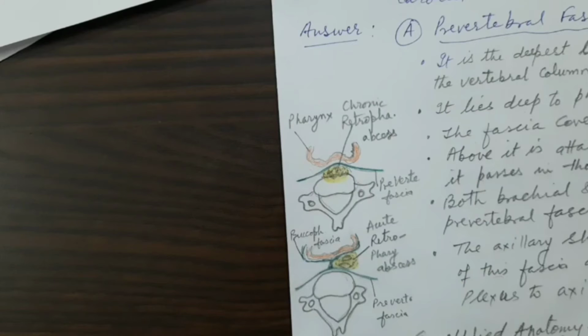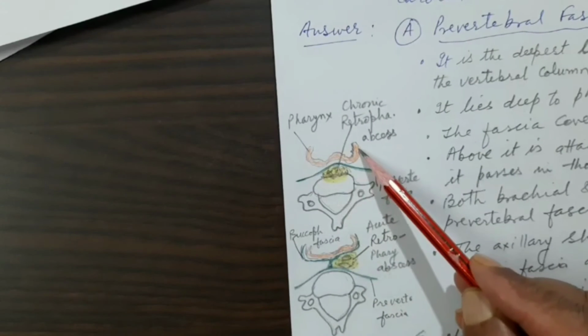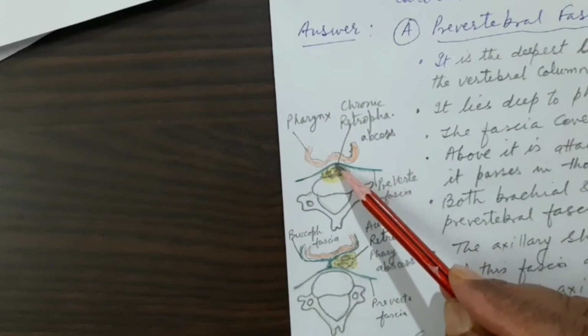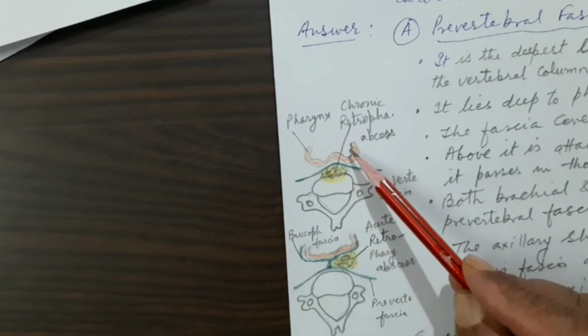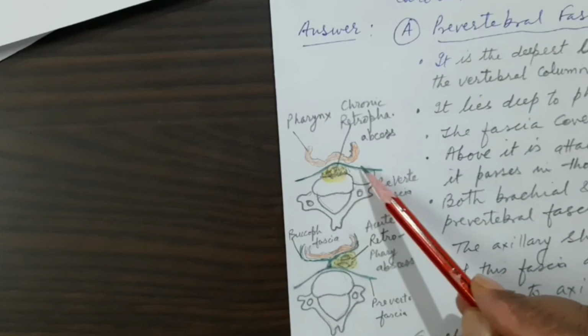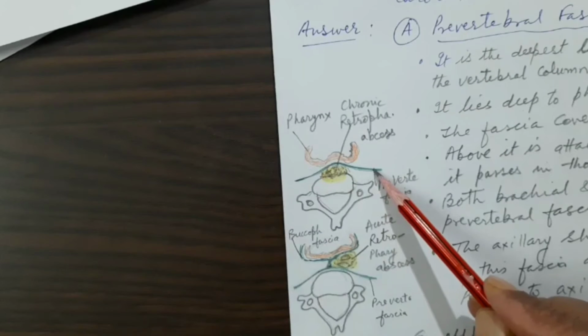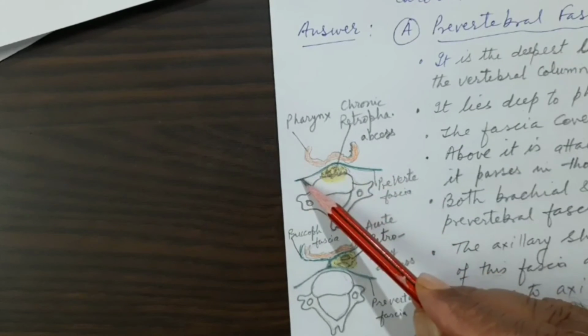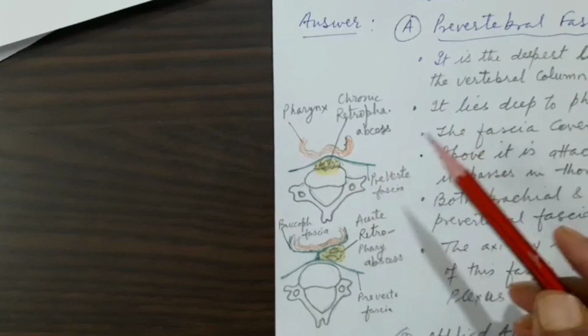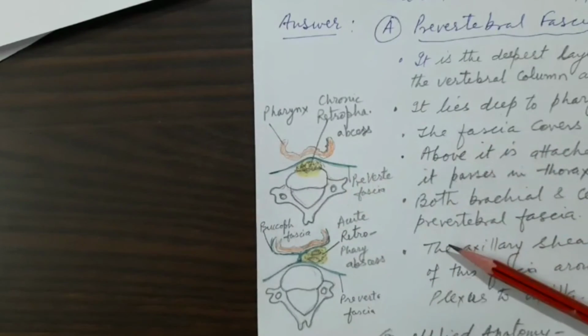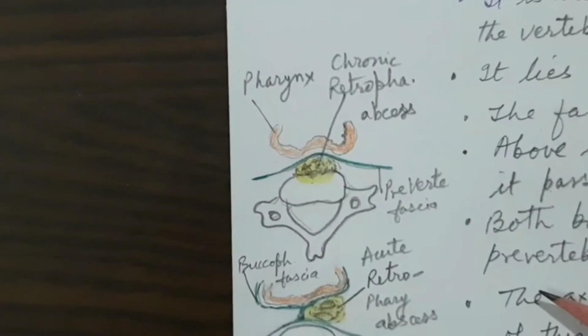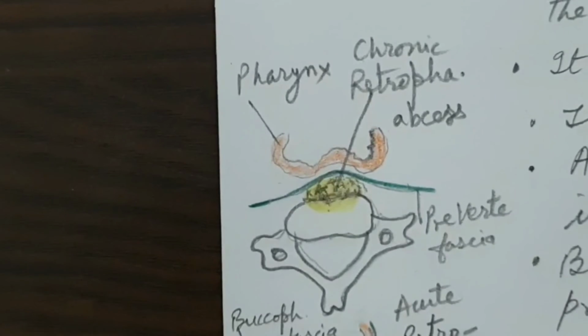retropharyngeal abscess. Retropharyngeal means it is behind the pharynx. Hence this collection of pus is called chronic. But this collection of pus is deep to the prevertebral fascia. In the green color I have drawn, you can zoom this diagram. Let me zoom also for you, a little bit more, right?